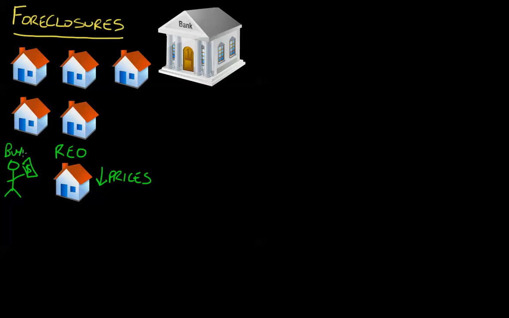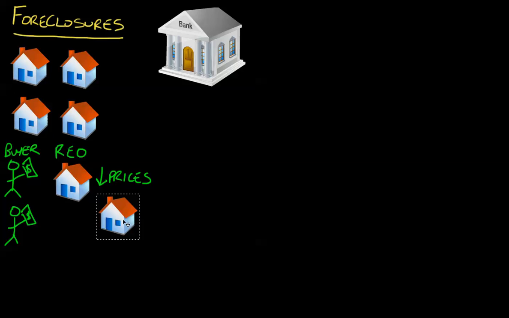So this is a buyer. And here's another buyer who's looking for a deal. Again, these buyers are attracted to these bank-owned properties because of how low the bank is pricing them and releasing them onto the market. So this also is priced low. And what this ends up doing is lowering property values across the United States.